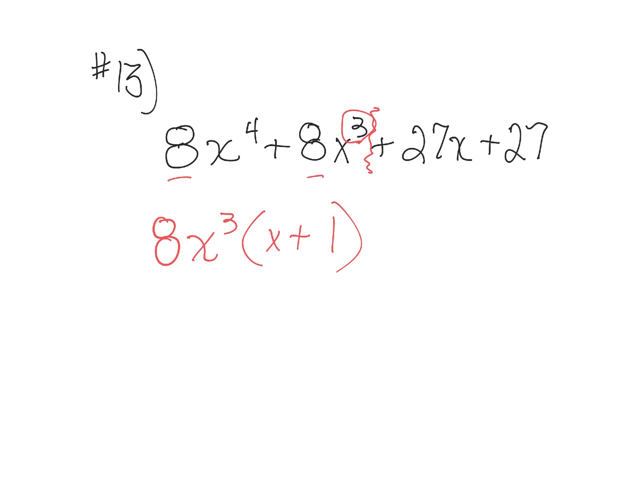Now here's another, what do I do when everything cancels? Remember there's always a 1. Okay, so if everything disappears, there's still a 1 as a factor. And this guy is a 27. And then x plus 1.